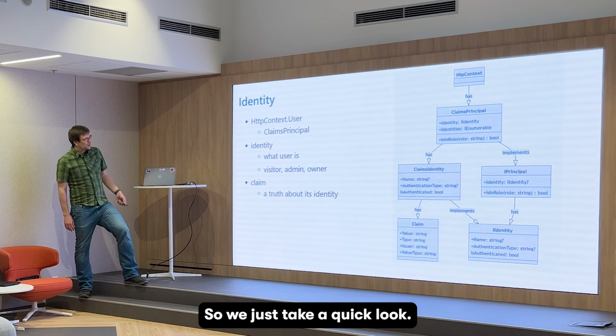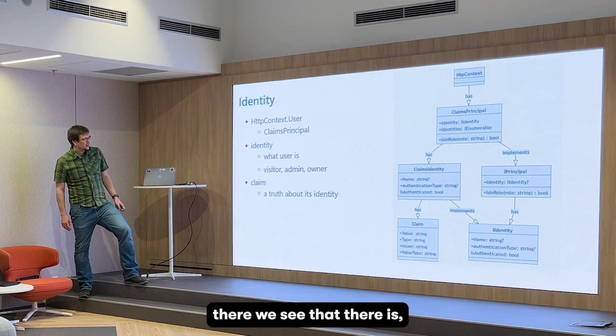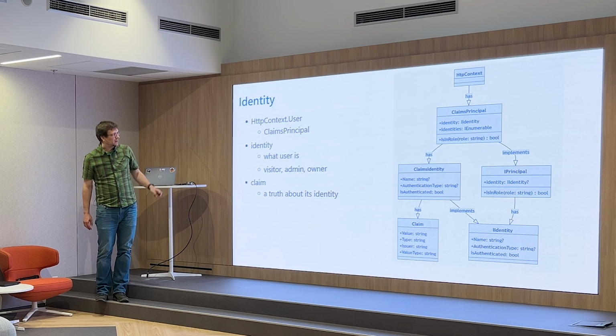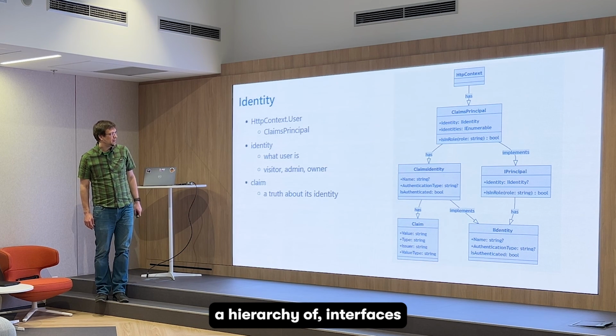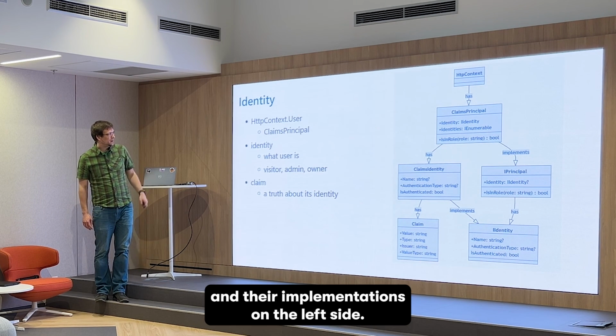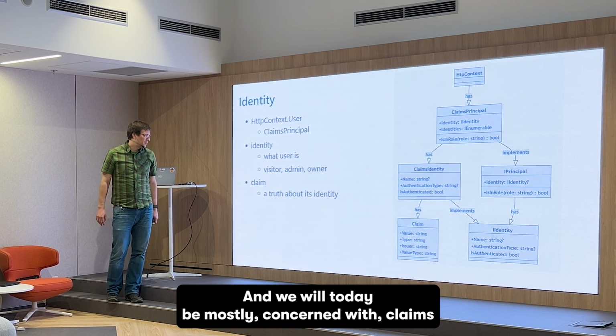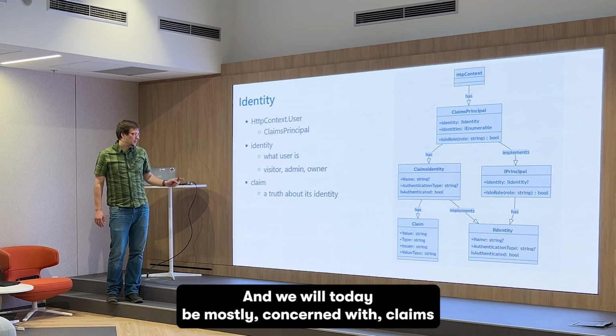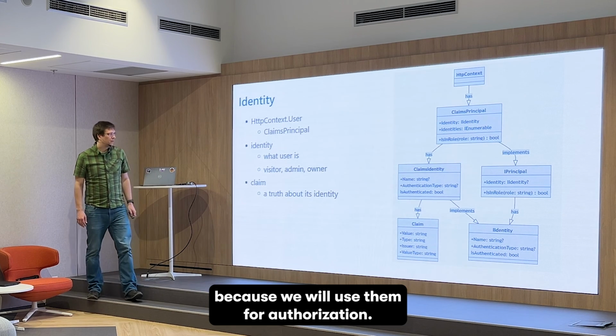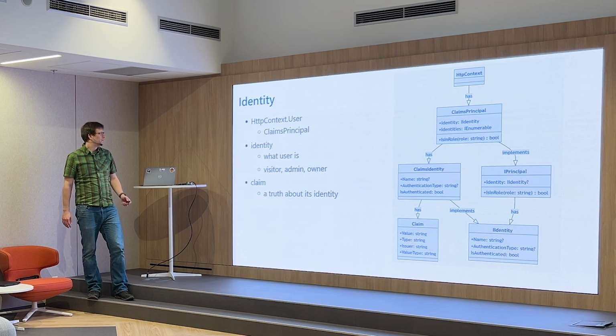So we just take a quick look. There we see that there is a hierarchy of interfaces, and there are implementations on the left side, and we will today be mostly concerned with claims because we will use them for authorization.